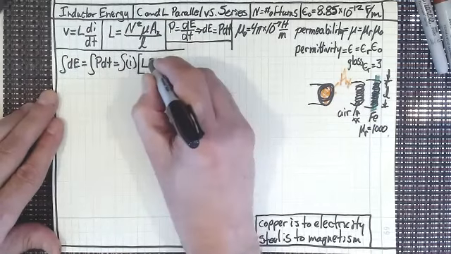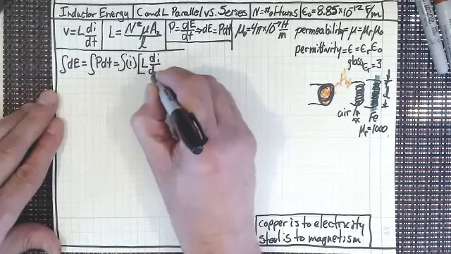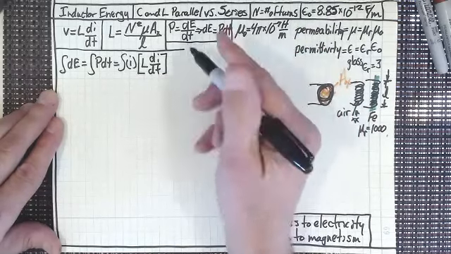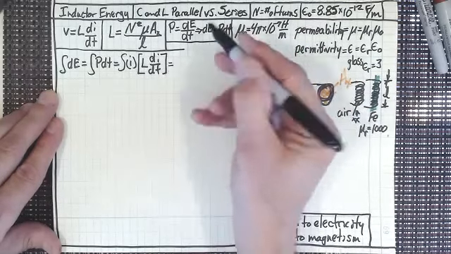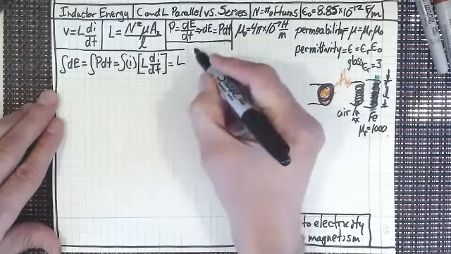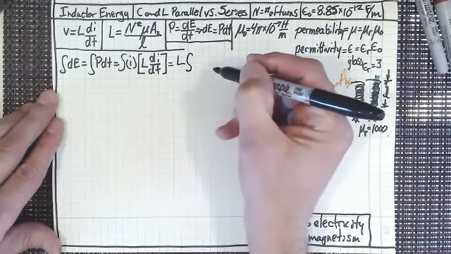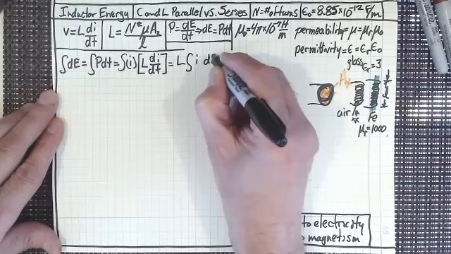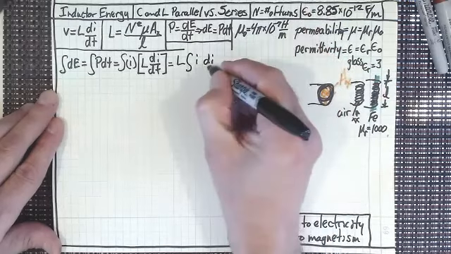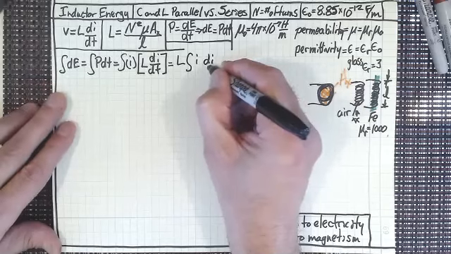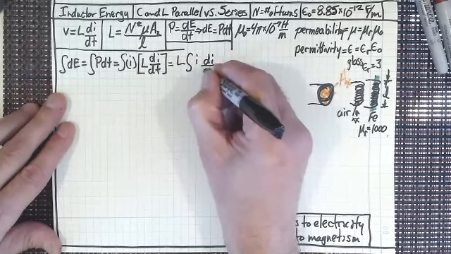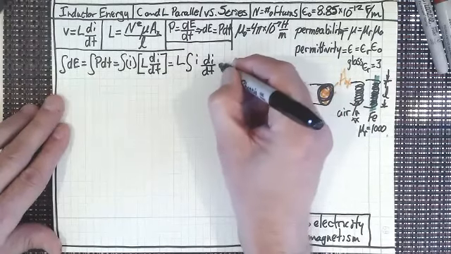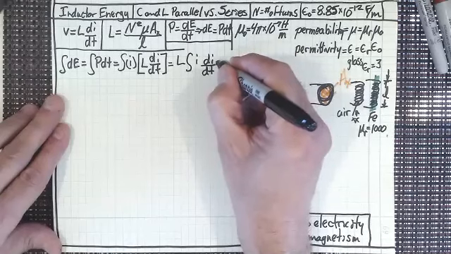It's just L times di dt. Couldn't I rewrite that and say that that is L times the integral of I di, dt? What have I got there? P dt, yep.